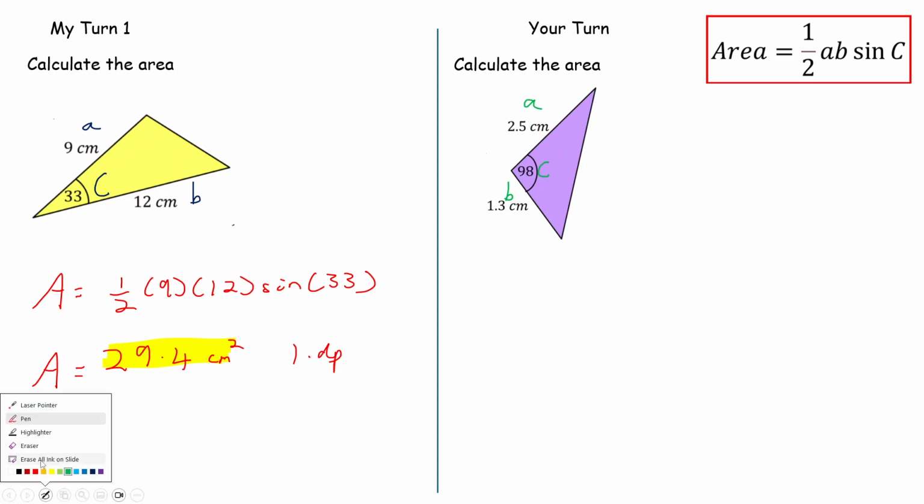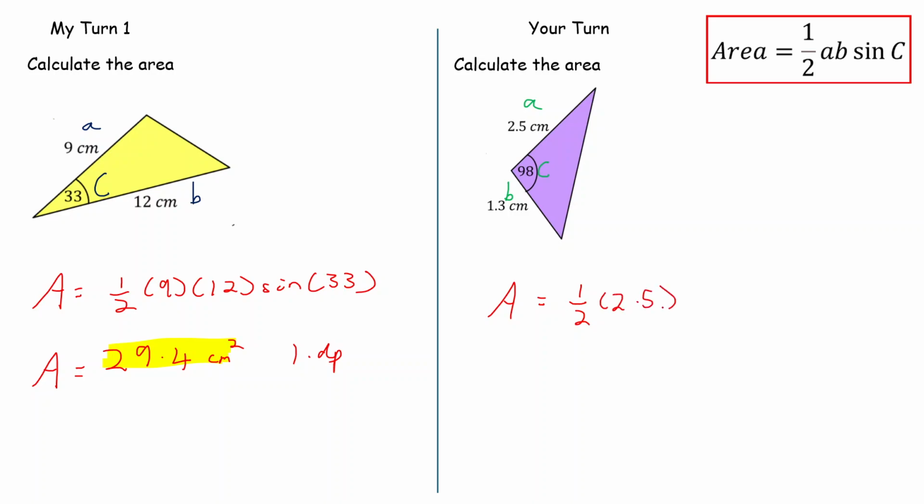Now I just put it into my formula, which again is A is equal to a half times A, which is 2.5, times B, which is 1.3, times sine of the angle C, which is 98 degrees.